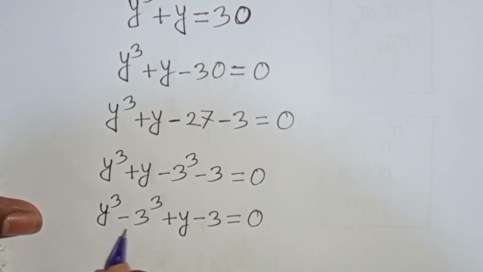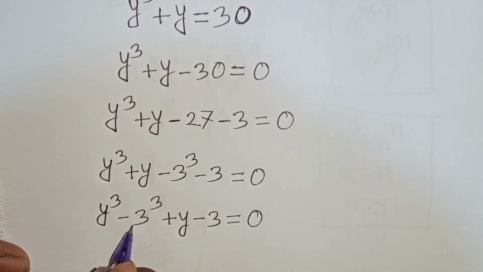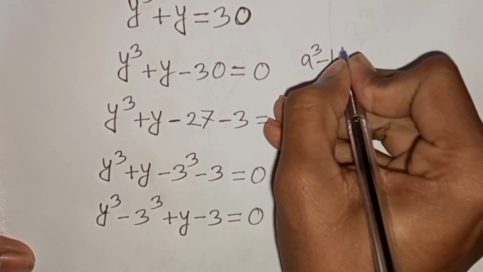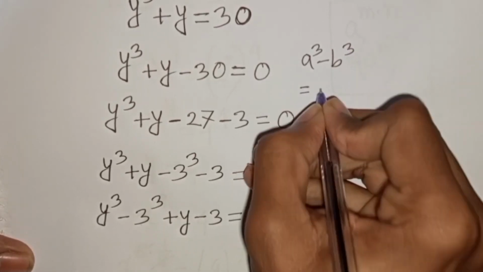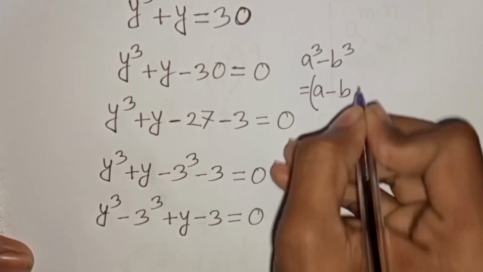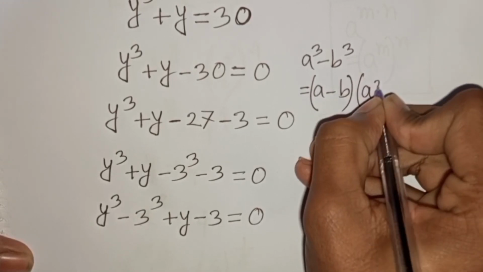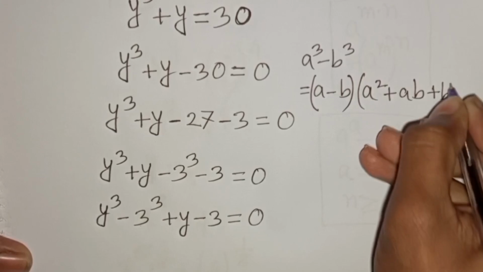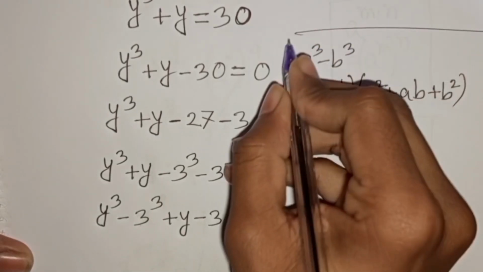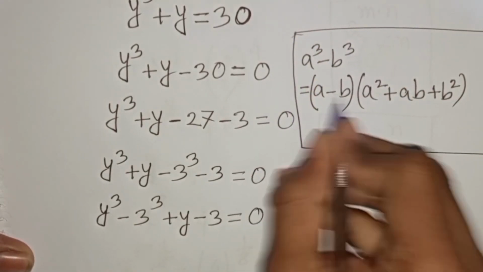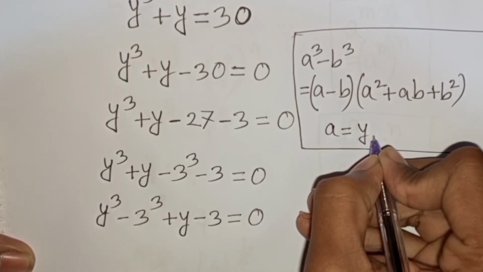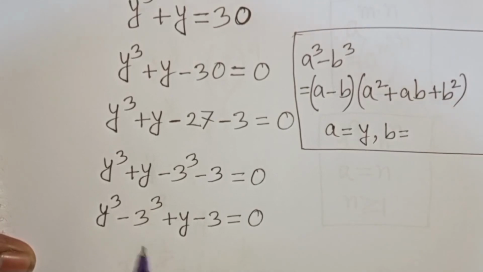Now here you can apply the formula of a cube minus b cube. Here a is y, b is 3. So according to this formula, a cube minus b cube is equal to a minus b times a square plus ab plus b square. Here a will be equal to y, b will be equal to 3.